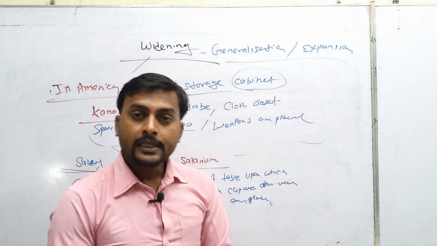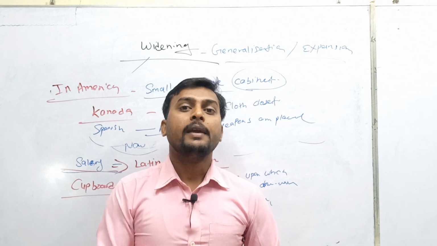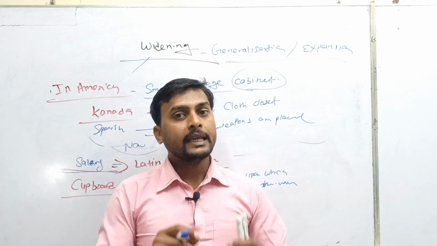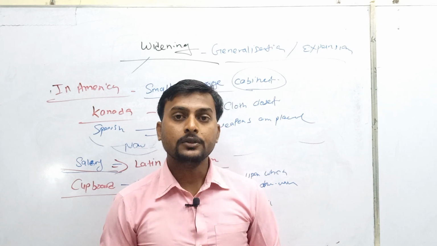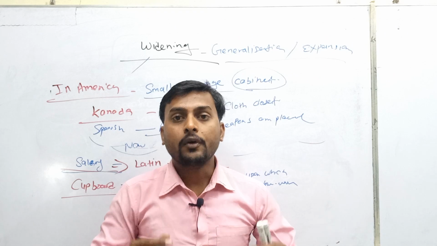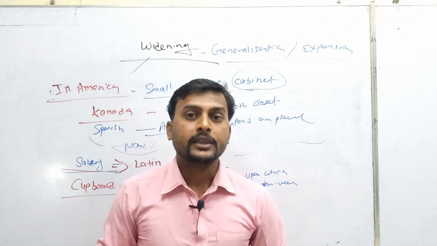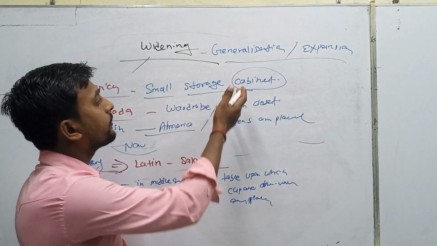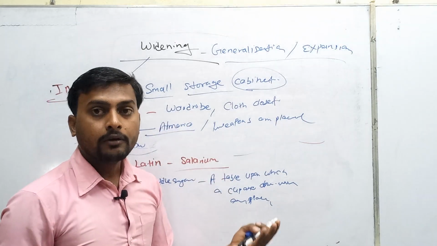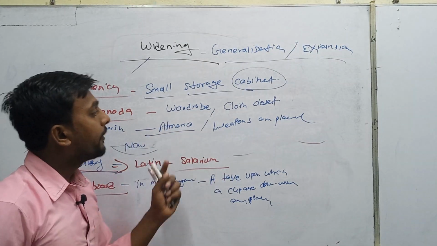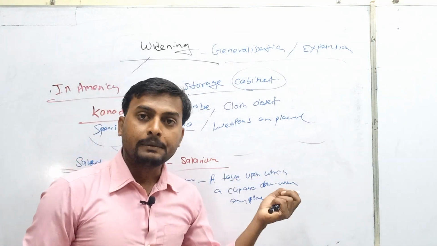So in Spanish, cupboard was used for keeping weapons. This was like an almirah, but used to keep only weapons. So cupboard has a broad, widened meaning: in America, a small storage cabinet; in Canada, wardrobe or cloth closet; in Spanish, armario for keeping weapons.